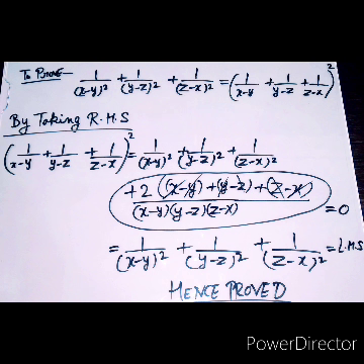Now this particular term in front of 2 is written by taking LCMs, so it is very easily done. You can also do it by yourself, and by cancelling each term we get 0. So this complete term equals 0. Well, then we get the required answer, and hence it is proved.